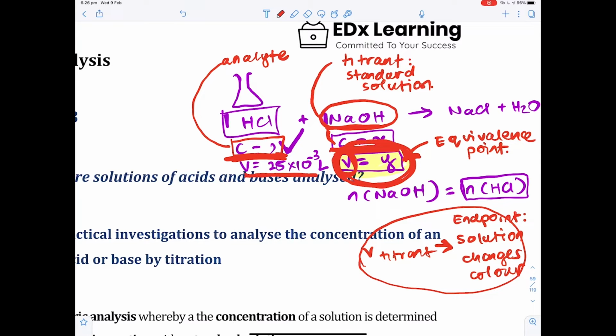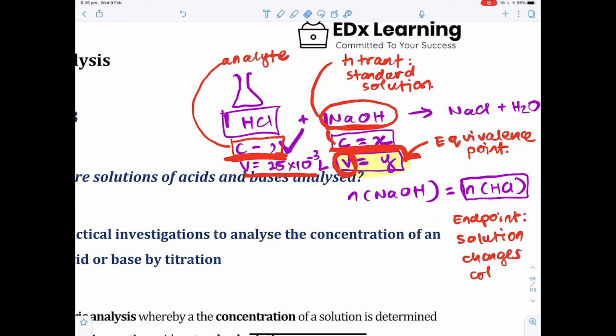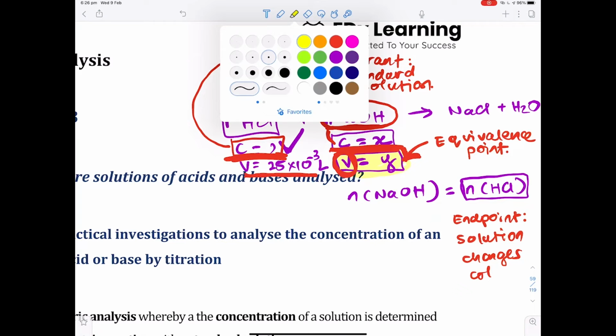Does the titrant have to be a standard solution? Yeah, it's always the case, you'd want your titrant to be a standard solution. It has to be one of known concentration. Because if you think about this, let me rub out some of the red. I'll use blue here.